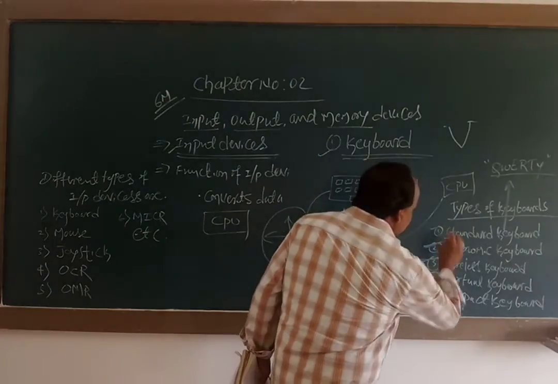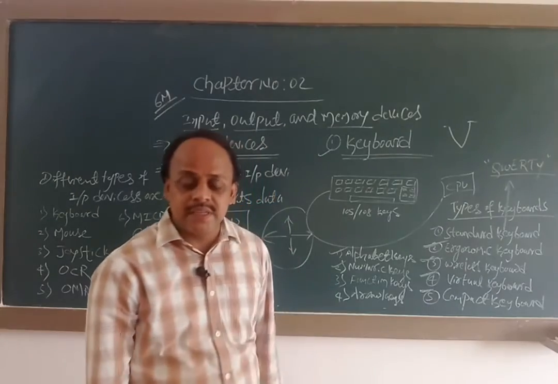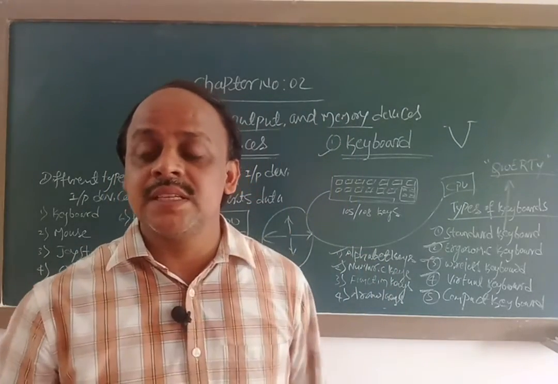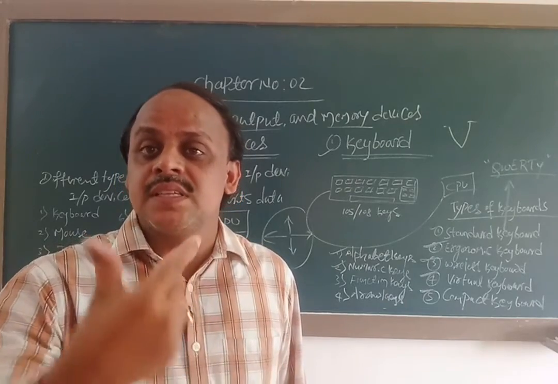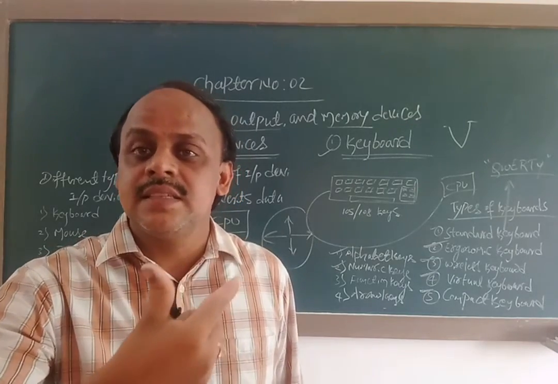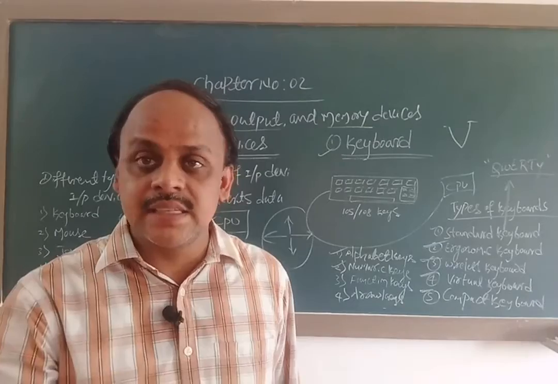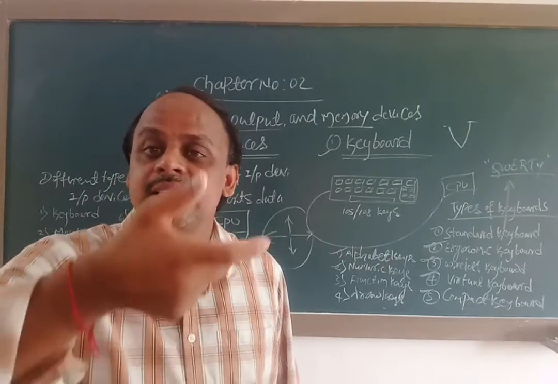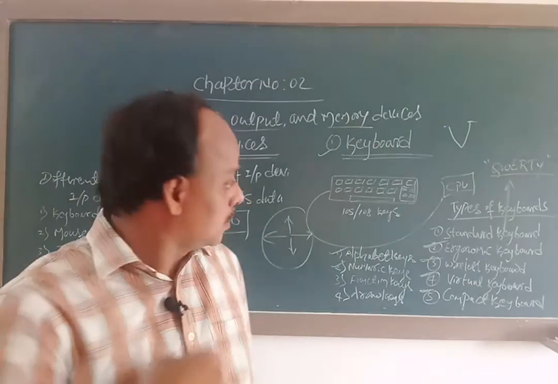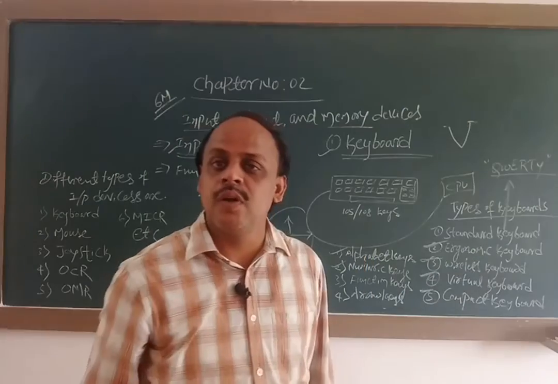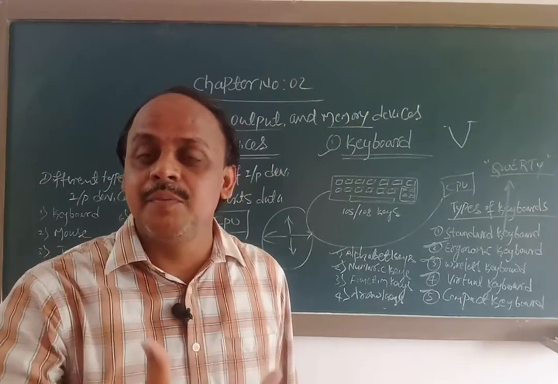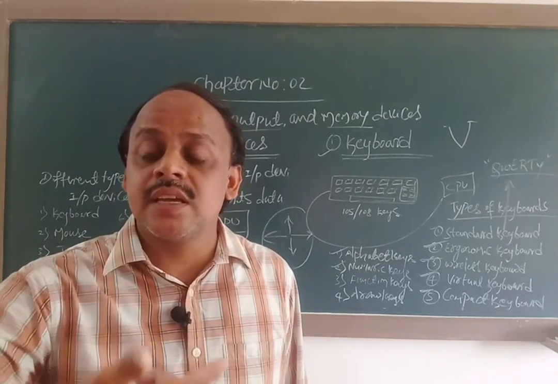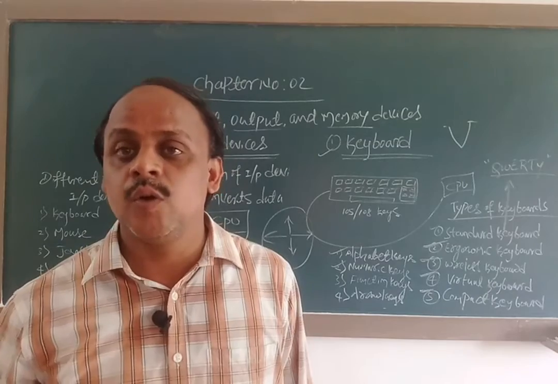This compact keyboard is just like a standard keyboard. But what is the difference between compact and standard keyboard? A compact keyboard is very small in size compared to a standard keyboard, and it also has fewer keys compared to a standard keyboard. In a compact keyboard, some extra keys are deleted or omitted.